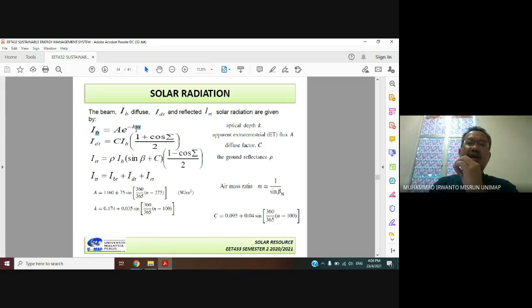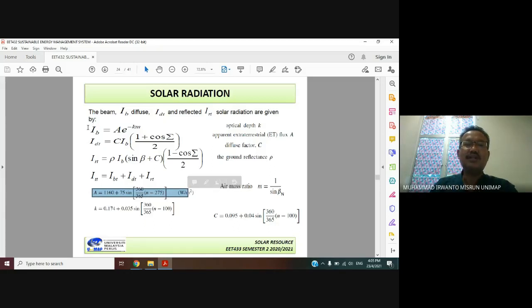We use I_B equals A multiplied by e to the power minus K M. First we calculate the value of A, the apparent extraterrestrial flux. A is given by 1160 plus 75 sine of 360 over 365 multiplied by (n minus 275).